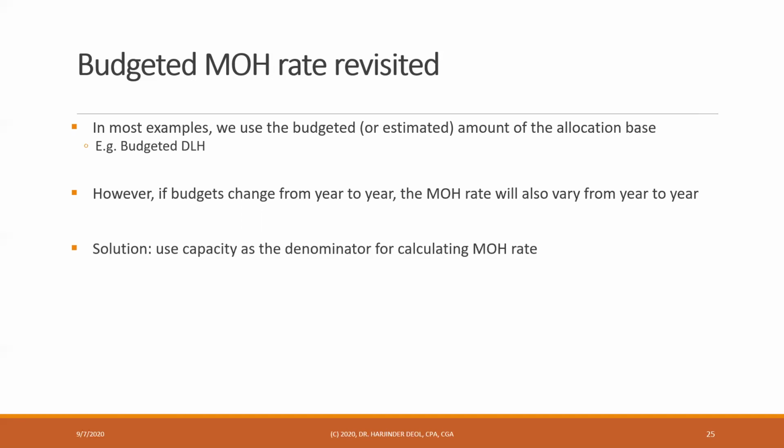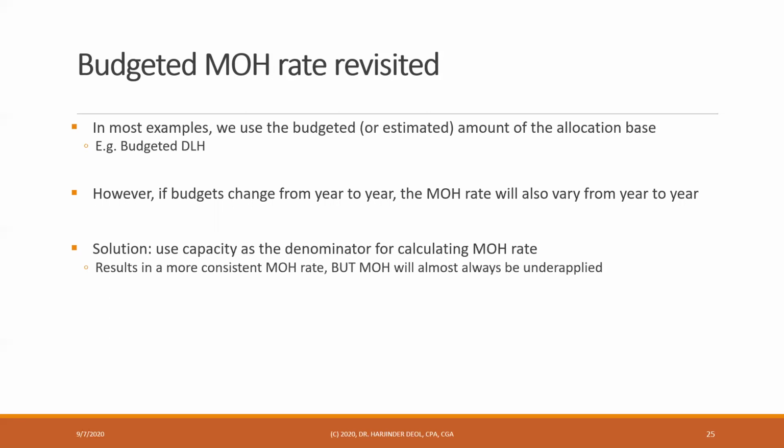So a suggested solution is to use capacity as the denominator for calculating the manufacturing overhead rate. Capacity would be how much the business is able to run. So if we were using machine hours, how many machine hours the company can run during a given year, or if it were labor, given the number of employees, how many direct labor hours the company could run during the year.